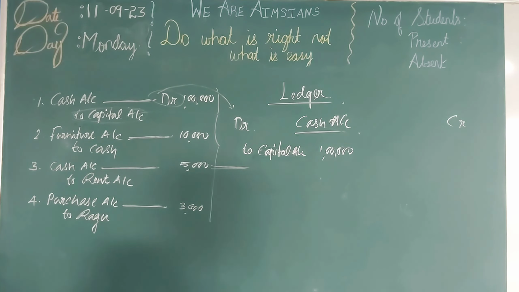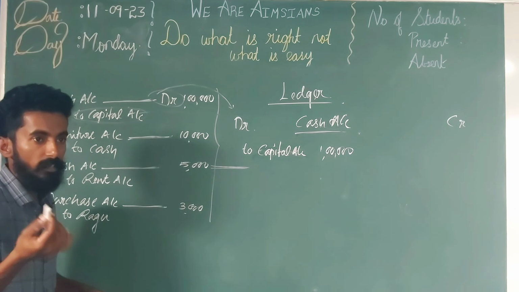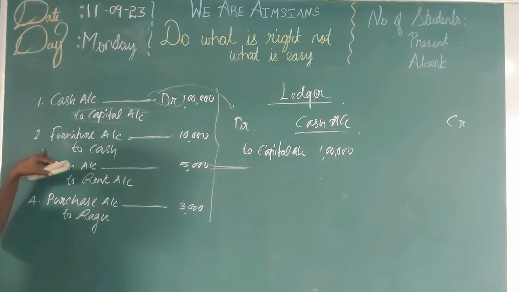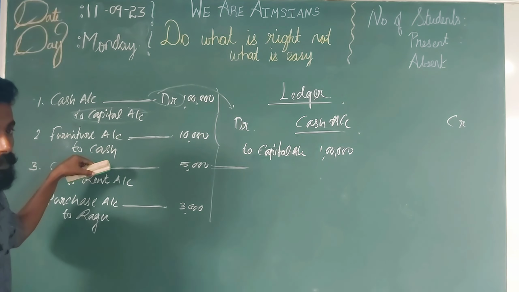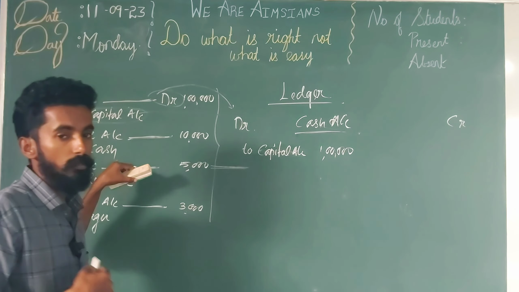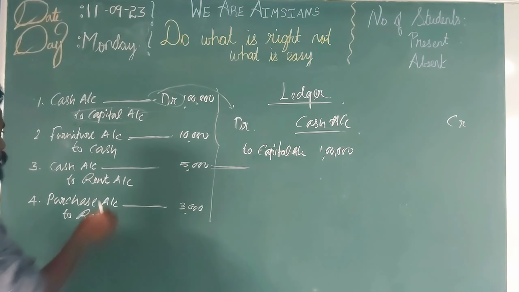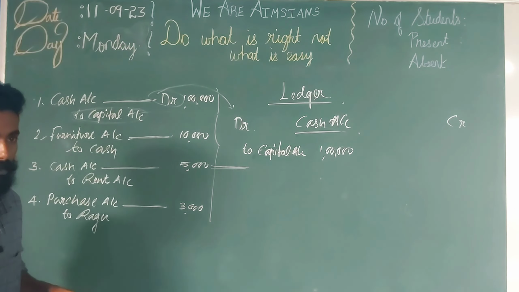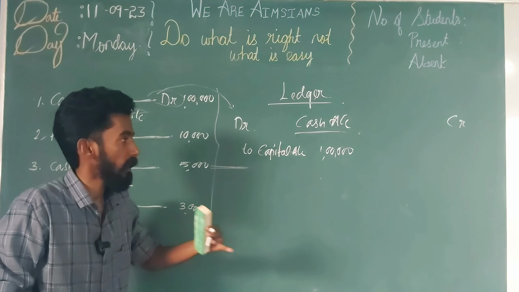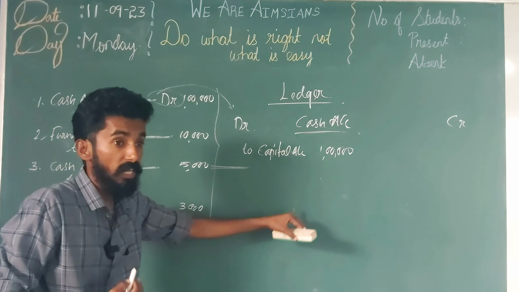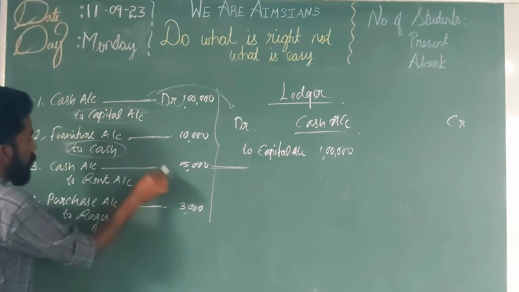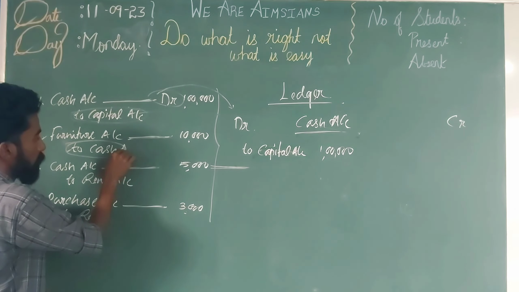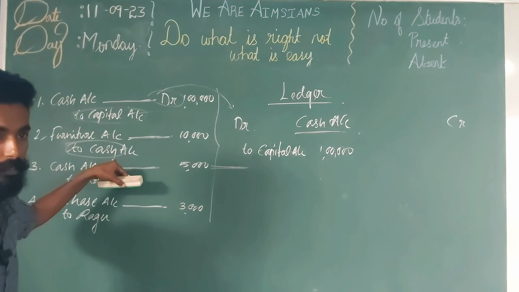Next I am going to post the second transaction. What is the second journal entry? After the transaction we have already prepared the journal entry. The entry is furniture account debtor to cash account. What are the two accounts this entry is going to affect? One is furniture account, another one is cash account. For better understanding, here I am preparing only the cash account. Which side do we need to post? Furniture to cash: to cash account, have we debited or credited this cash account?